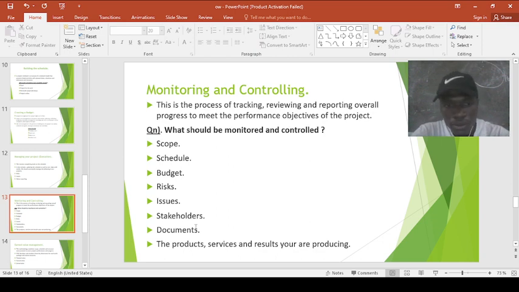Stakeholders, here we ensure that the expectations of stakeholders are highly monitored and managed. The documents, ensure the version control measures are established and followed. Then the products, services, or results you are producing, you ensure you are meeting quality standards for the deliverables you are producing.